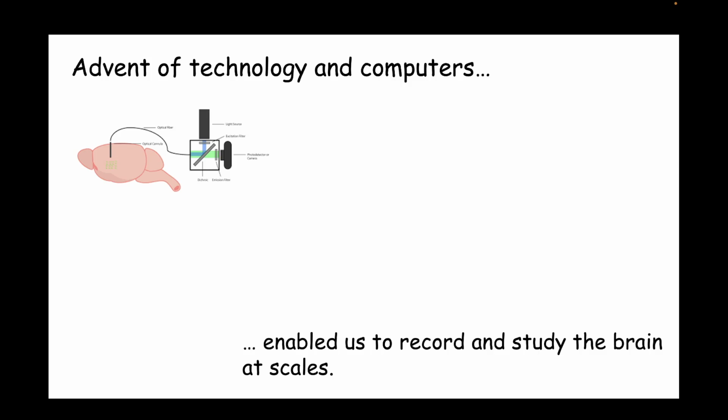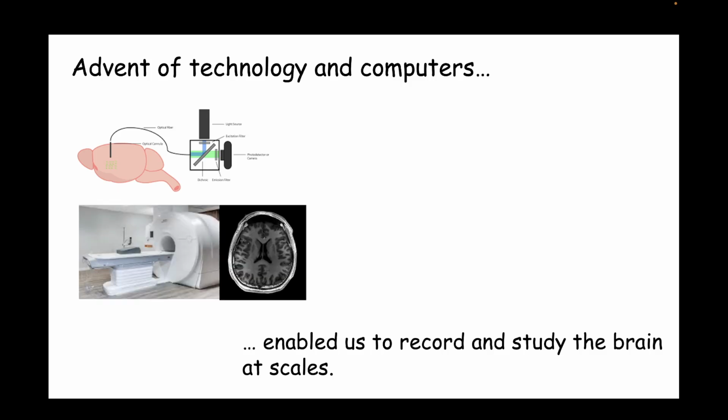For example, the revolution in optics and genetics has introduced fiber photometry and recording of neural responses, and the advent of MRI has helped us to record the brain and its activity and its structure non-invasively. You just put your head into the MRI and you get your tissue contrast, etc., and even blood activity.